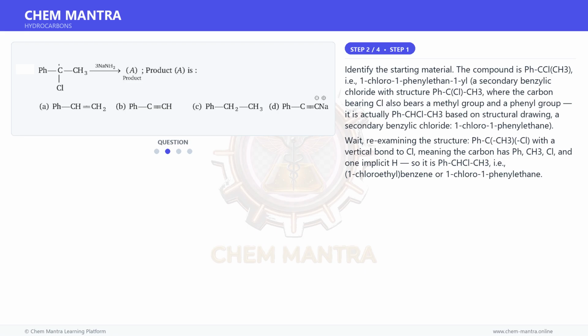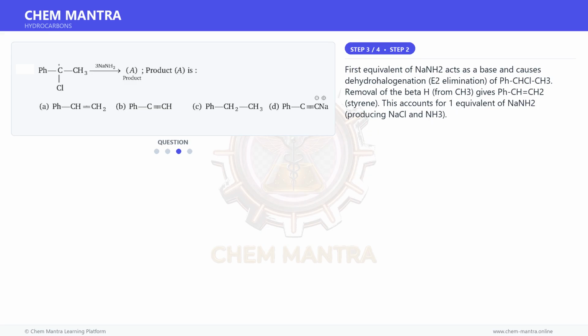Wait, re-examining the structure, with a vertical bond to Cl, the carbon has Ph, CH3, Cl, and one implicit H, so it is Ph-CHCl-CH3, 1-chloroethylbenzene or 1-chloro-1-phenylethane.